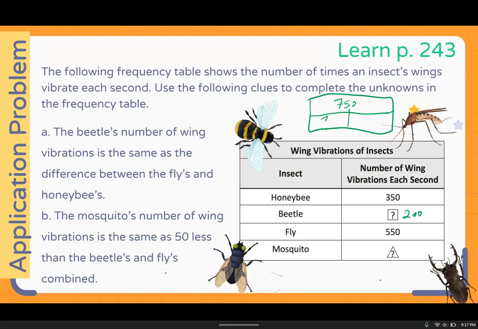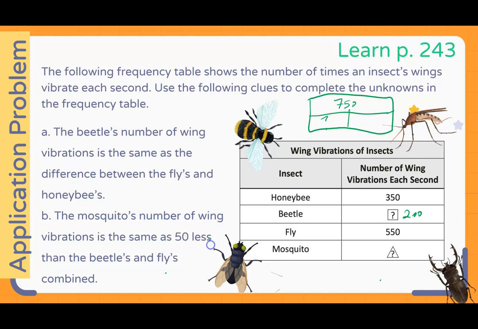We don't know a part, but we do know that the problem says that the vibration is the same as 50 less than the beetle and the flies combined. The beetle and the fly combined is 750. So it's 50 less.